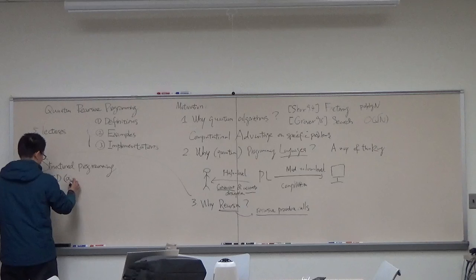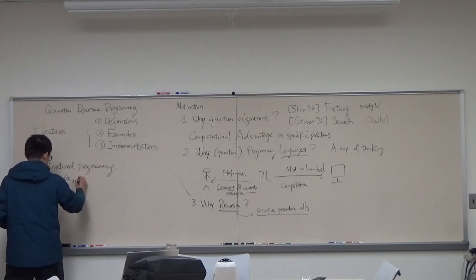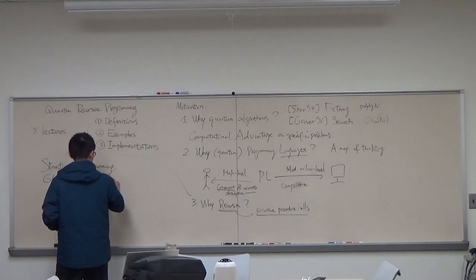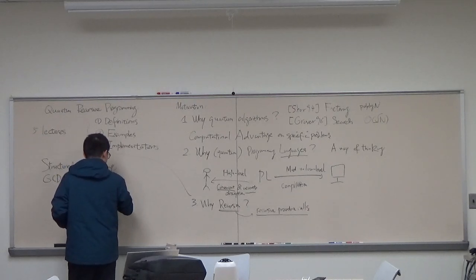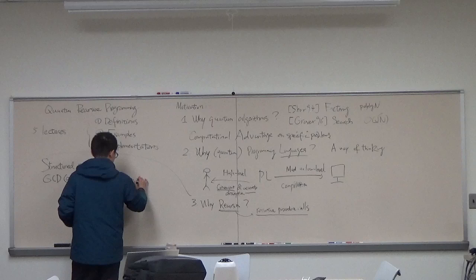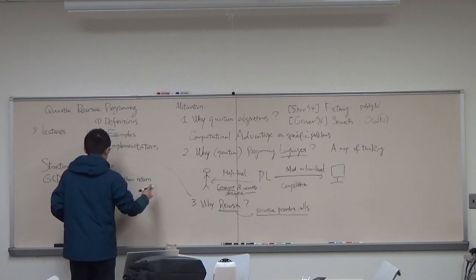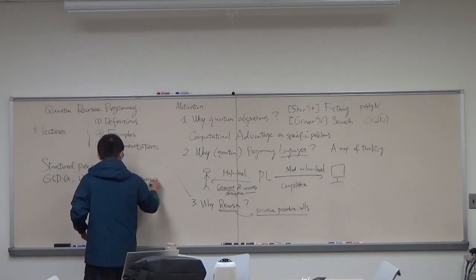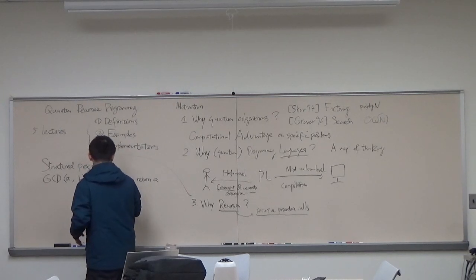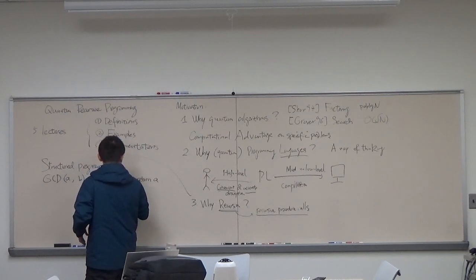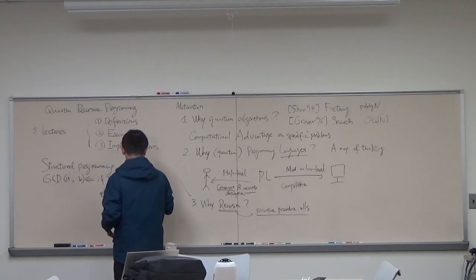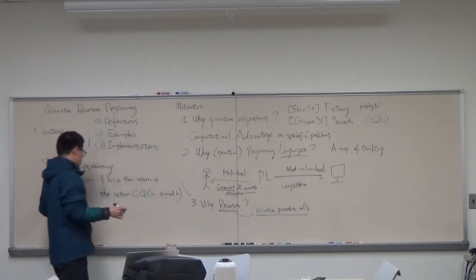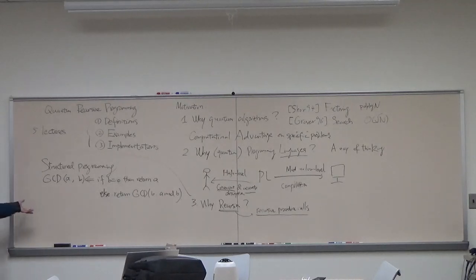So you want to compute the greatest common divisor of A and B, then you can check if B is 0. If B is 0, then you return A, else you return GCD of B and A mod B. So this is a classical example of recursive programs.